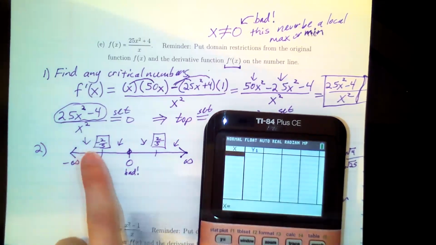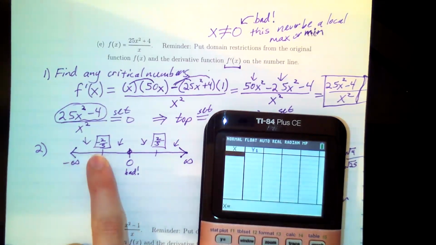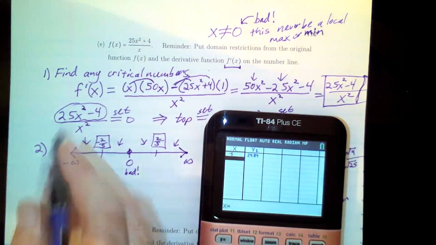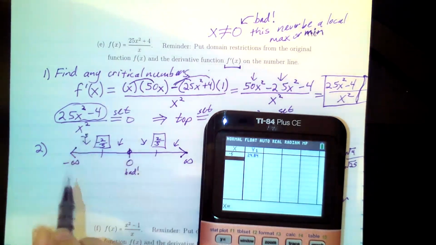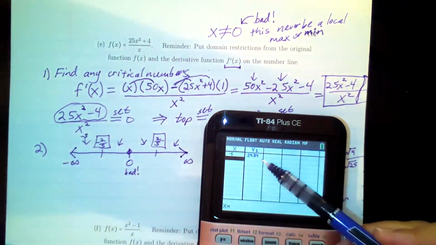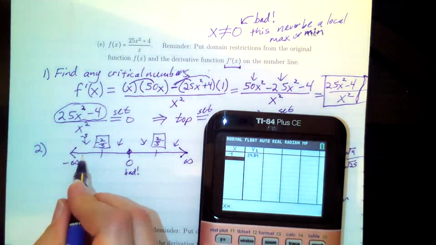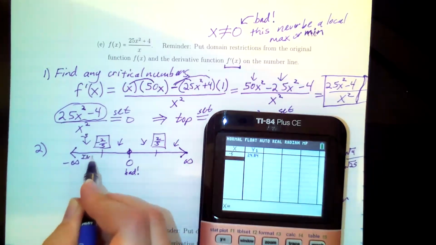Now pick a number between minus infinity and negative 2/5. So whatever, negative 5 is far enough down that line. So I picked negative 5 from down here, and I got a positive result from the derivative. So I would say on this little region here, my function is increasing.